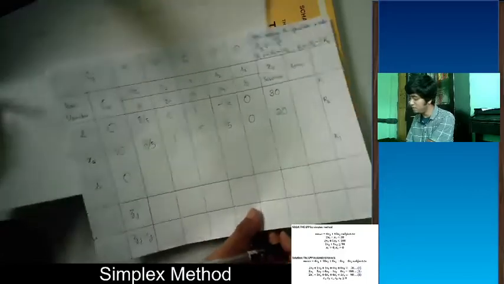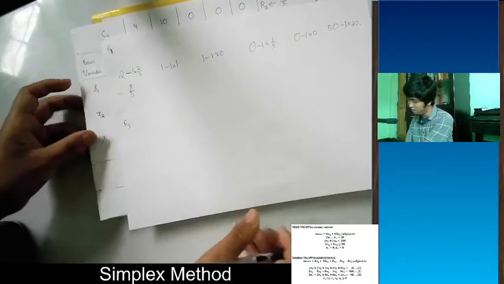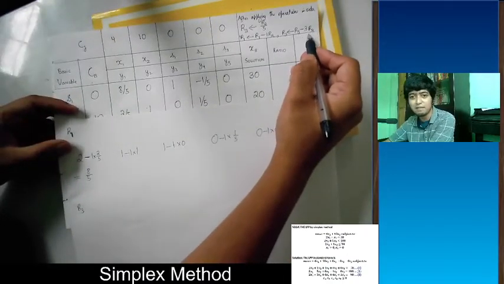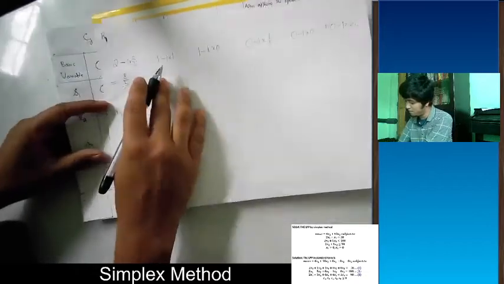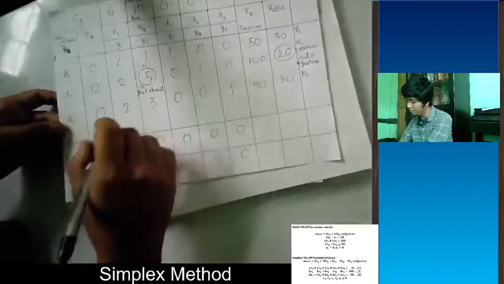Similarly, we can do the same for R3. Okay, for R3, if you notice the table over here, it says R3 minus 3R2. R3 again will come from the old table.